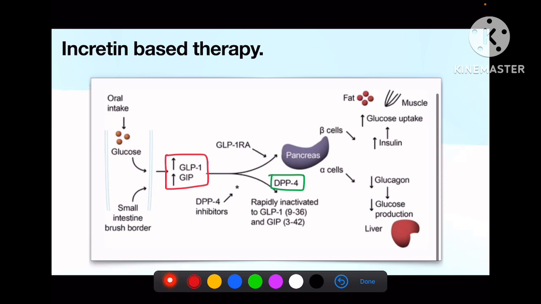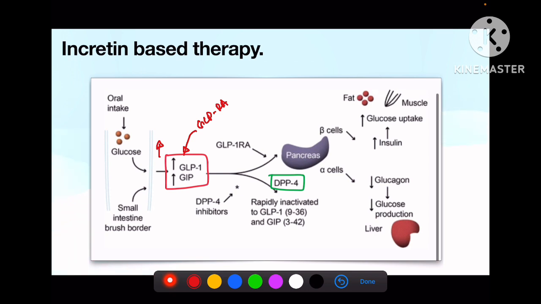When you use this GLP receptor agonist for a diabetic patient, it will enhance the action of GLP-1 and GIP. When this action of these two is enhanced, what will happen?